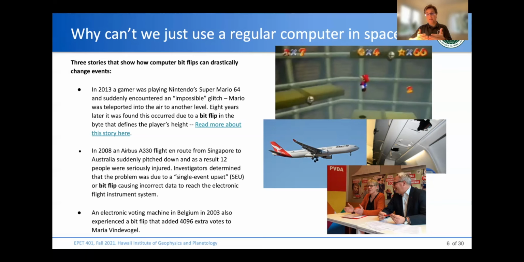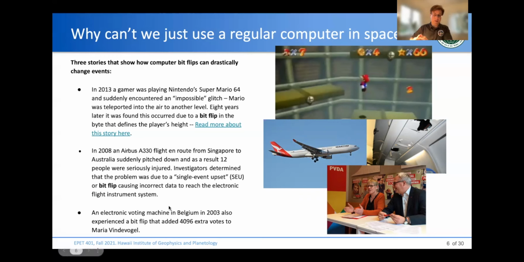There were no safeguards against this type of confusion, and the computer just decided to dive, and that was very dramatic. Fortunately, no one died, but at least 12 people were seriously hurt.